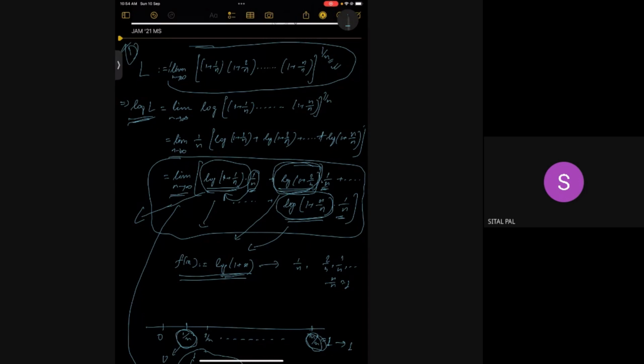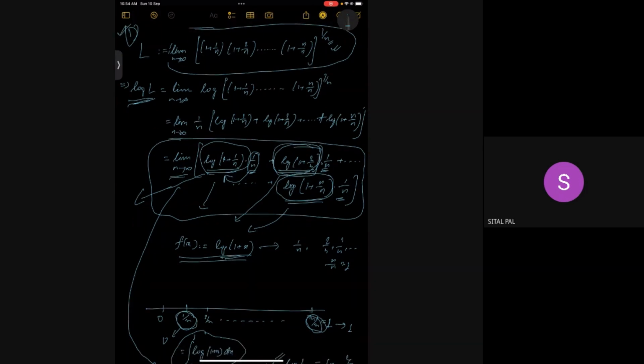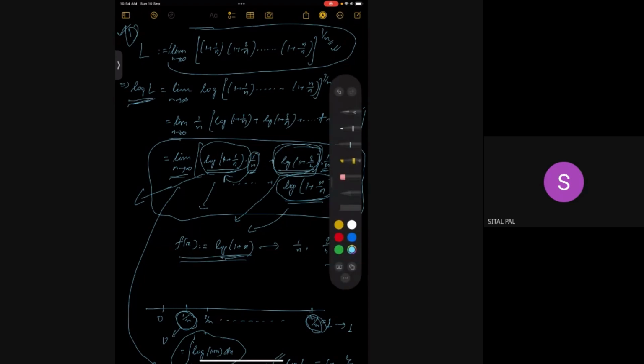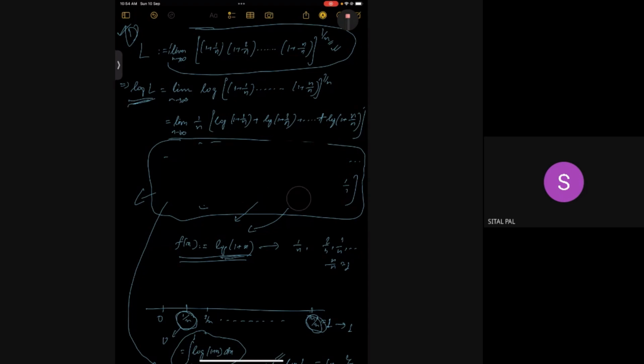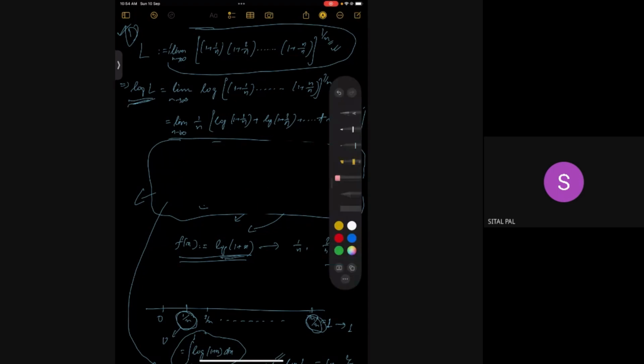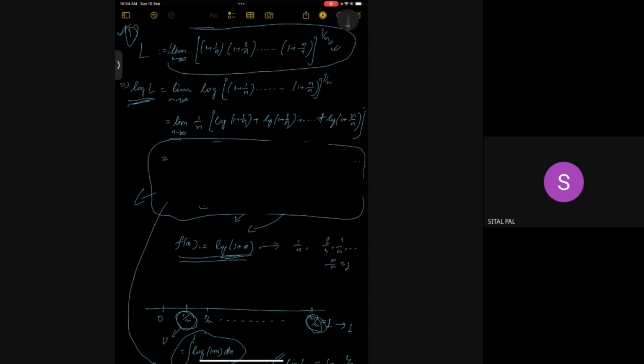Okay, maybe I can rewrite this so that you don't get confused. The limit as n goes to infinity.